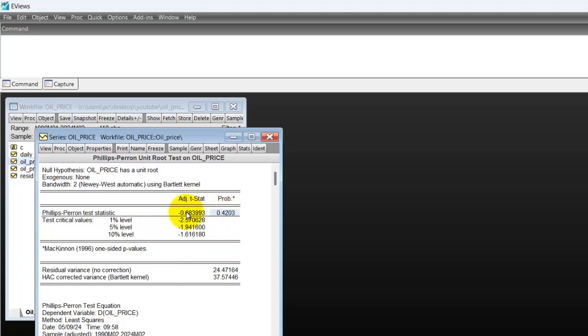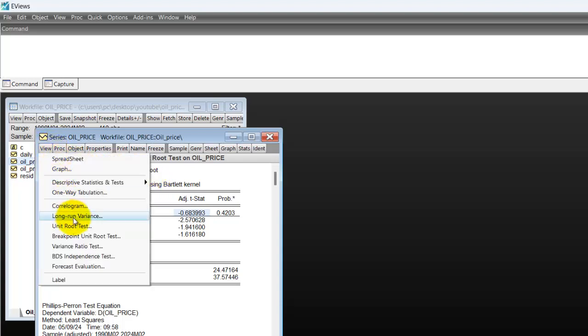Another point is that the absolute value of the PP test statistic is less than the three critical values. You can see it's less than all these results. So based on this, we can conclude that oil price is not stationary at level.